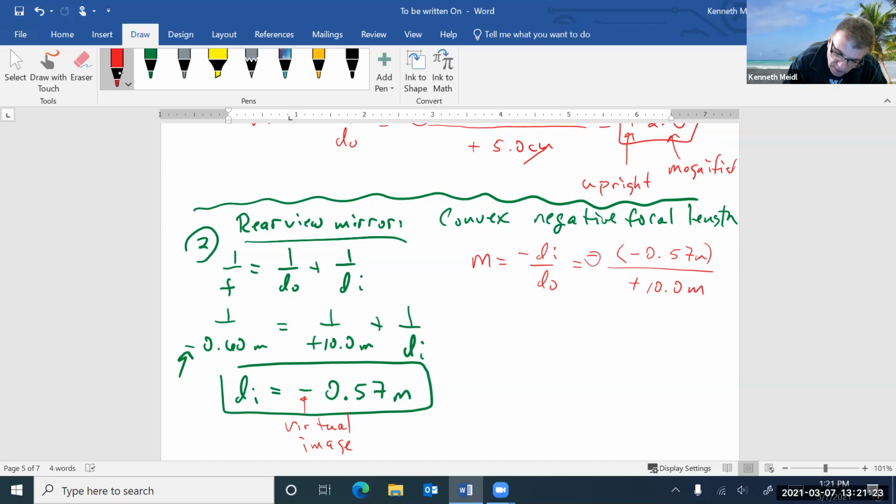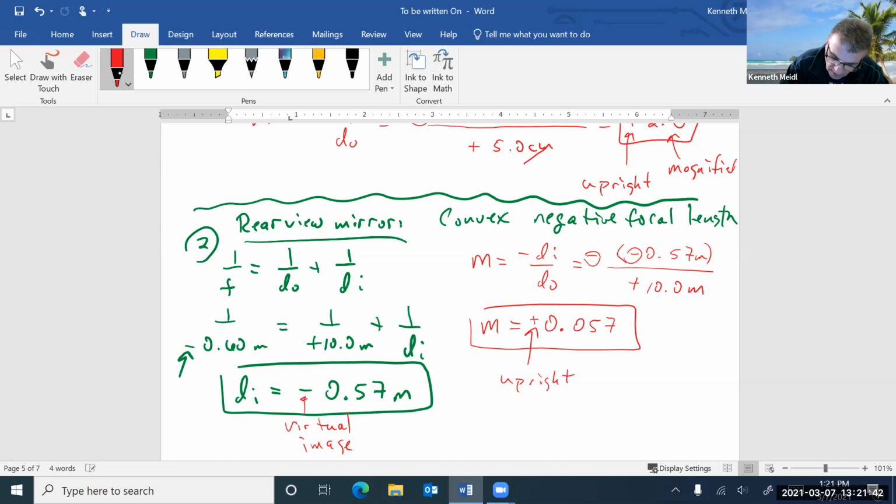And so this minus sign and that minus sign are going to undo each other. 0.57 divided by 10, yeah, I have to do that on the calculator. That's 0.057, and it's positive. Okay, so it's upright and really highly minified.